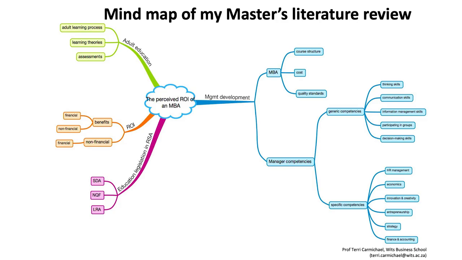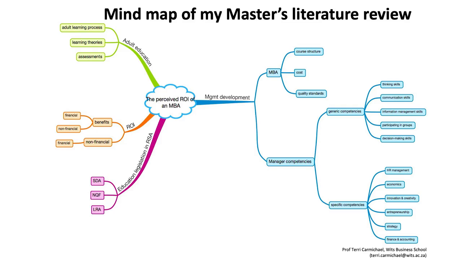My master's research was on the perceived return on investment of an MBA. And the first thing I needed to do when looking up the literature was to have a look at my keywords and see what the main topics are that I needed to look up.